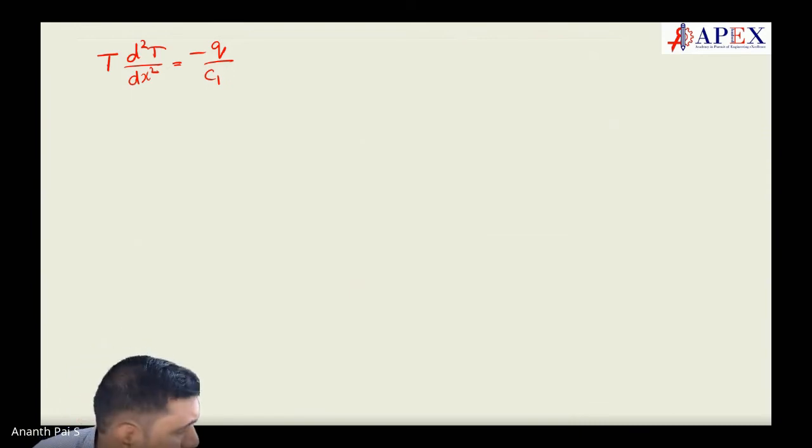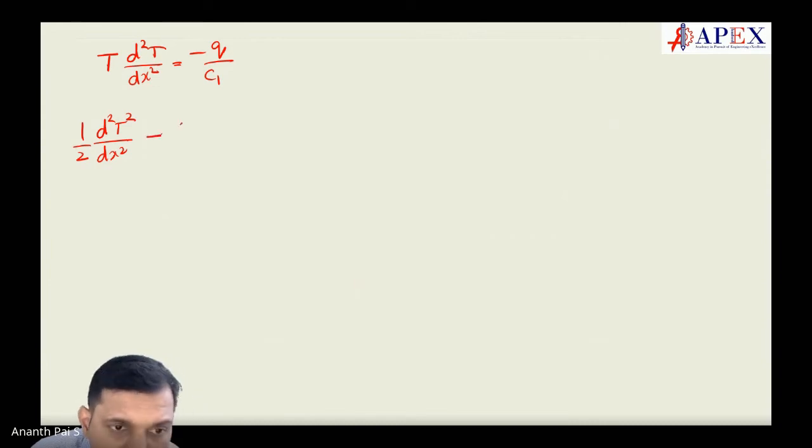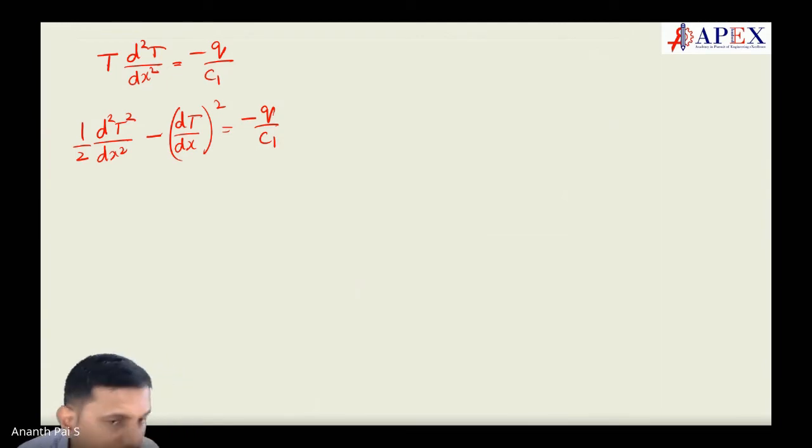This would be d square T square by dx square into 1 by 2 minus dT by dx the whole square is equal to minus q by c1. Now we can integrate this, correct?